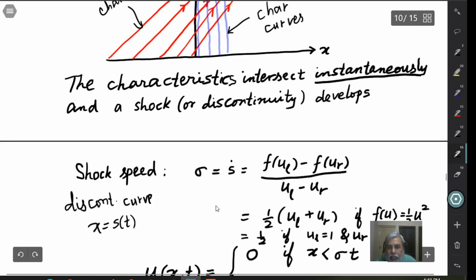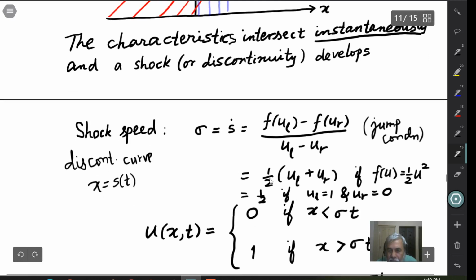Sigma is its speed, and it has to satisfy this jump condition. And for the Burgers equation it is precisely the average of the left state and the right state, which is of course equal to half if I take UL equal to 1 and UR equal to 0. Otherwise also it's just a constant, because our initial condition consists of only two constant states.